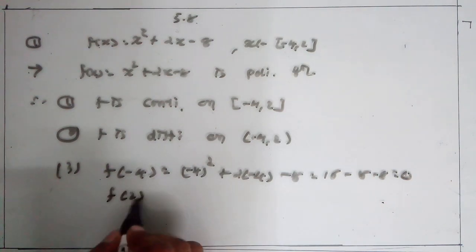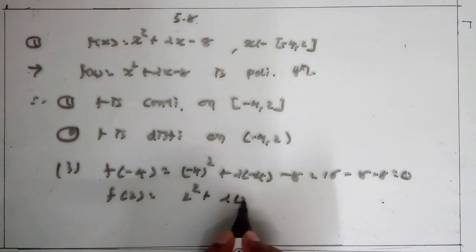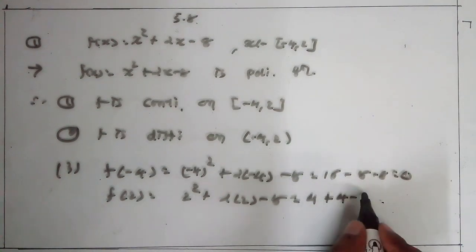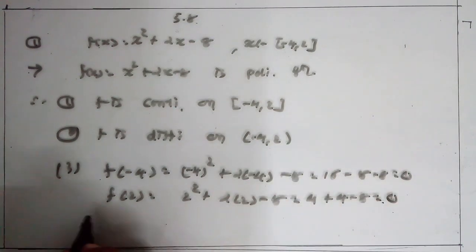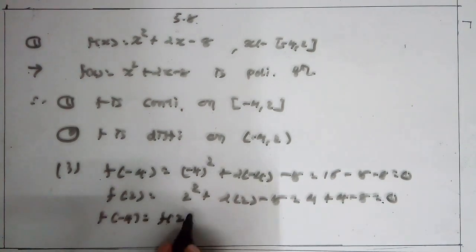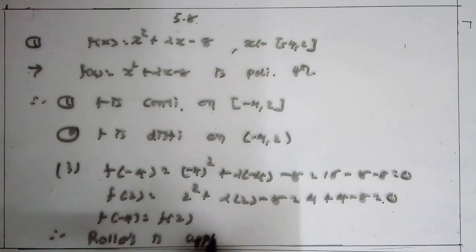And f(2) is equal to 2 squared plus 2 into 2 minus 8, that is 4 plus 4 minus 8, which becomes 0. So f(-4) is equal to f(2). Clear? Therefore, Rolle's theorem is applicable. Clear?